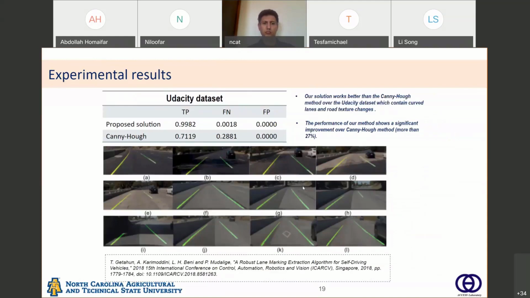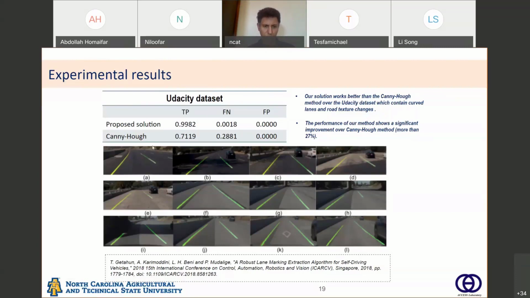The Udacity dataset has a lot of curves, and there are shadows on the road, texture changes, and even some cracks in the roads. The Canny edge detection based method usually generates a lot of edges, and it's hard to find the lane boundary.